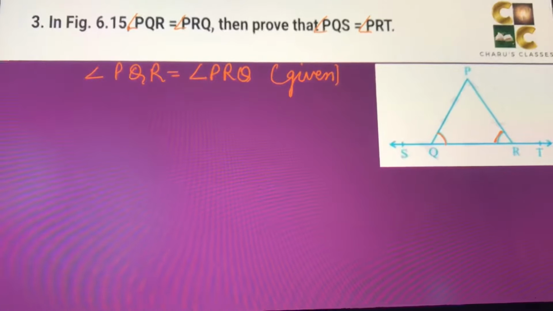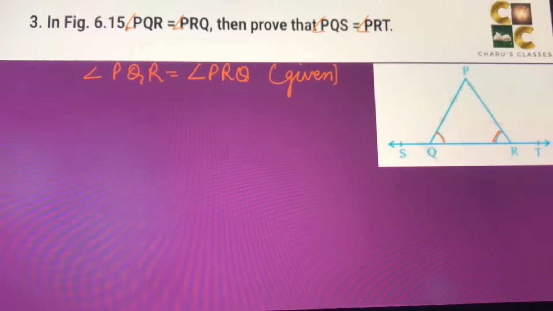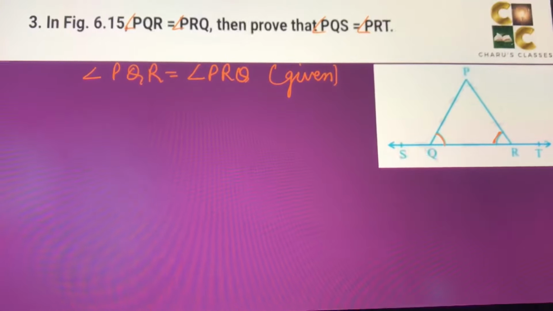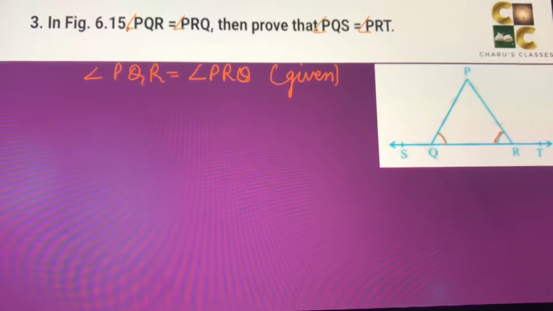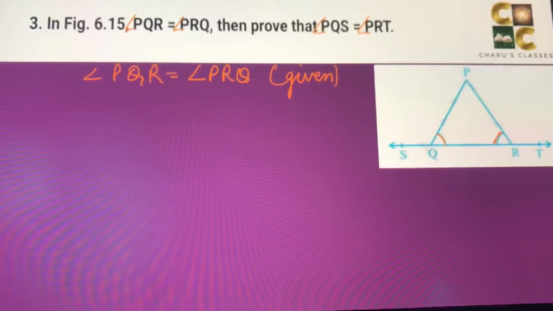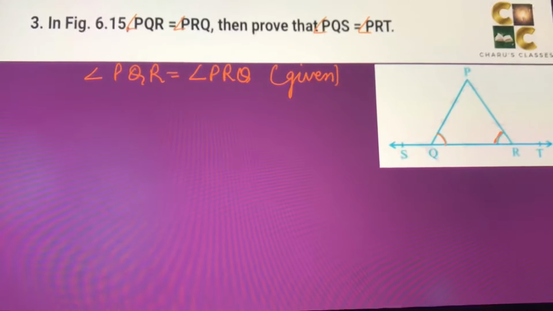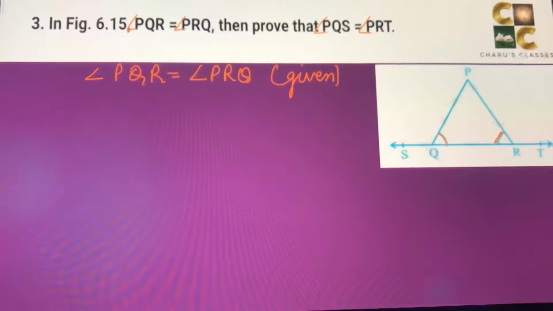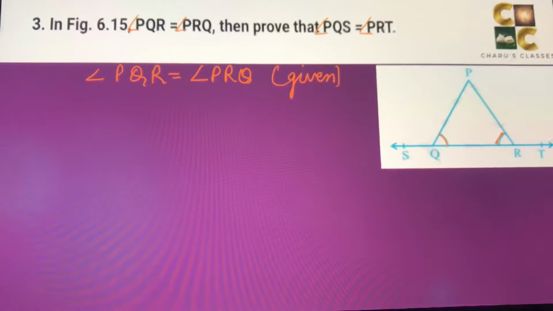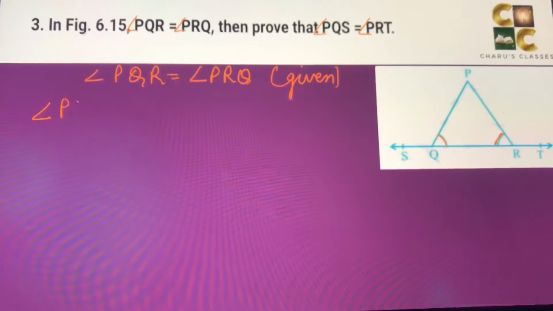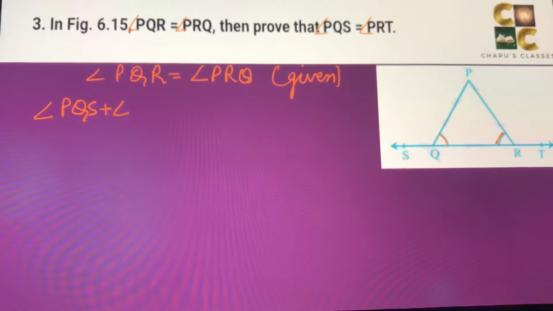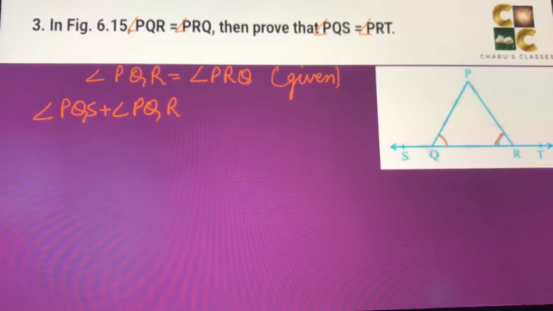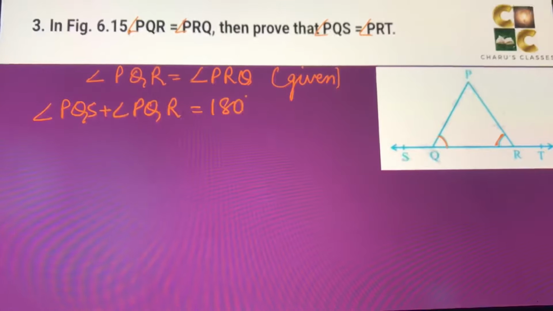So if we talk of one straight line, suppose we are talking about ST as a straight line, then being a linear pair, we can say that angle PQS plus angle PQR should be equal to 180 degrees.